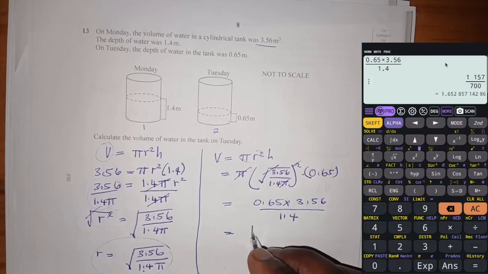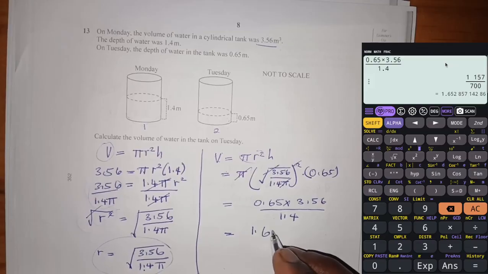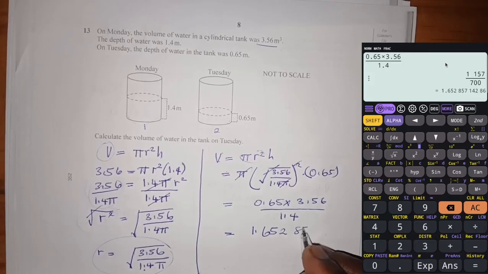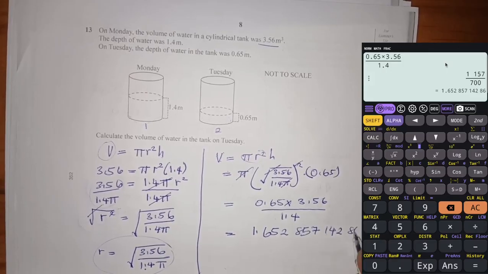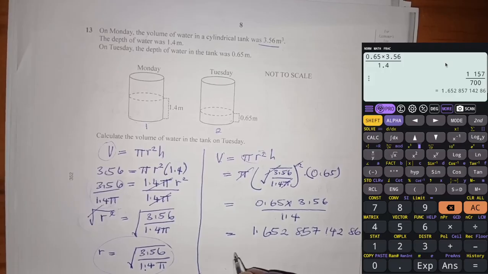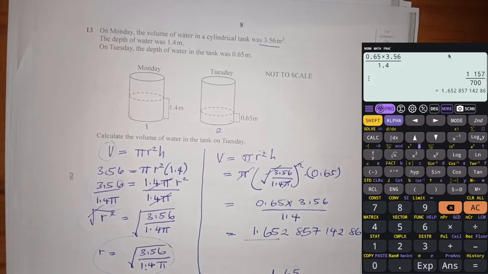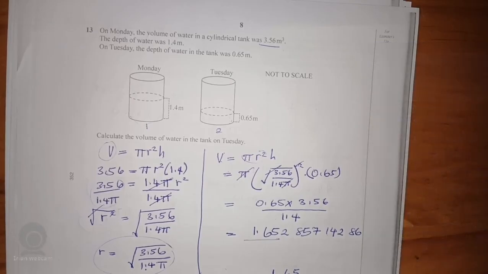The answer is 1.65285714286. Now rounding off to 3 significant figures, the answer is 1.65 meters cubed. Just like that.